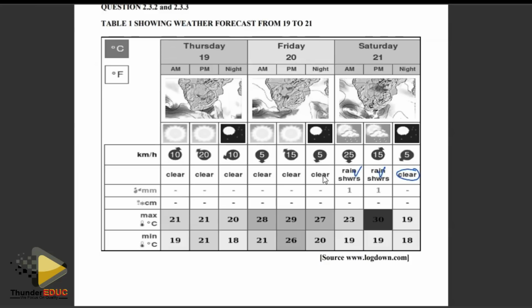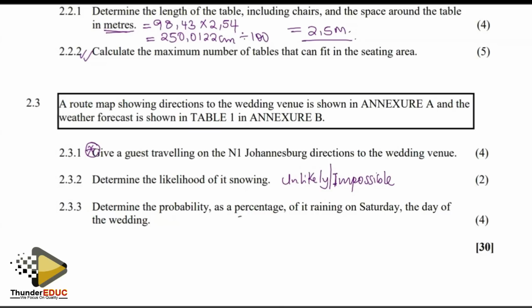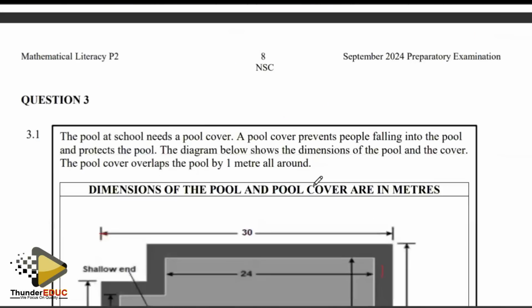So it's 2 out of 3 times 100, which becomes 66.67. Don't forget the percentage sign. All right, that has brought us to the end of question number 2. Let's go to question number 3.